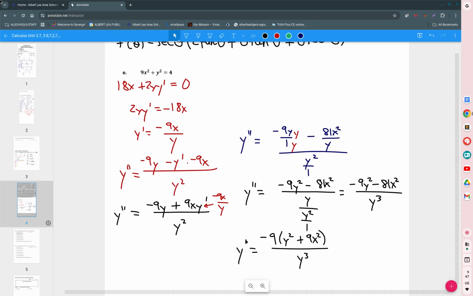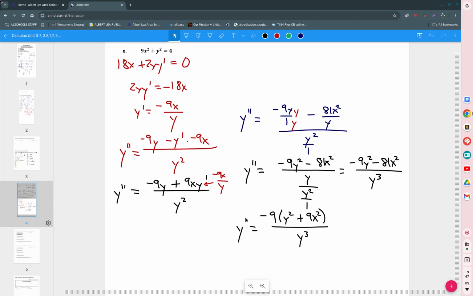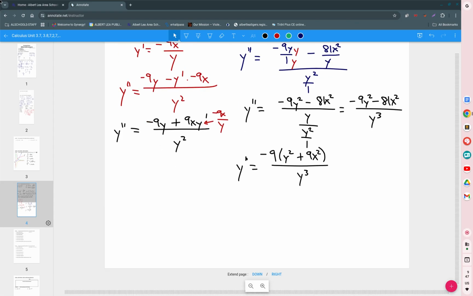That's this? Yeah. Which is just equal to 4. Oh. Look at how cool that is. So we came up with that exact thing, which is 4 in this problem. So we can replace that with just 4. So in the top, we get a negative 36 over y cubed. Isn't that sweet?